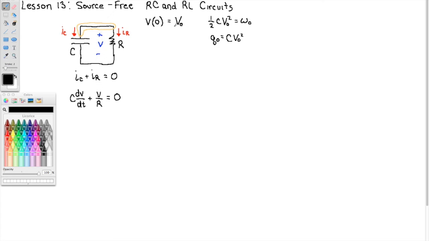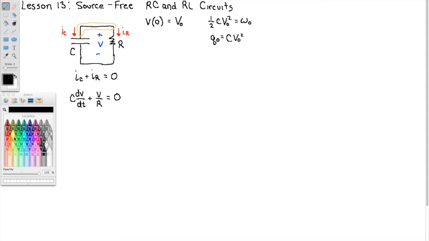We know what it is initially, this constant V0, but it's going to change according to this differential equation. It's a differential equation because we have dV/dt and we're trying to solve for V. Further, it's a first order differential equation because this is a first order derivative, so this RC circuit we sometimes call a first order circuit.